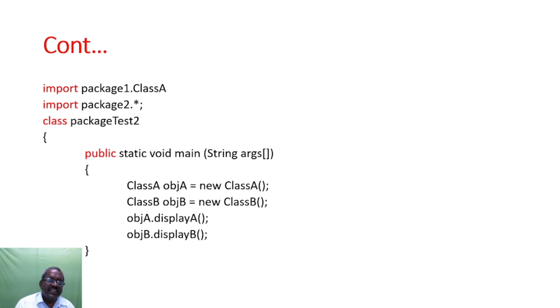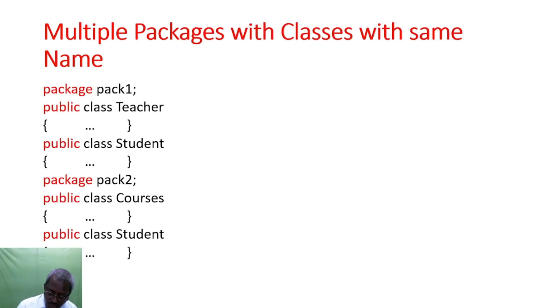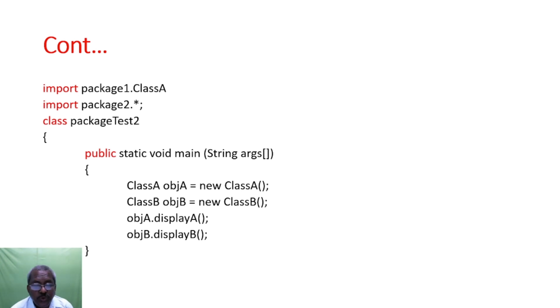Here we are writing class A, object A, new class A. New is a keyword which creates the object. Then class B, we are creating an object of class B. Then we call object A display and object B display. For this, the output will be class A first.